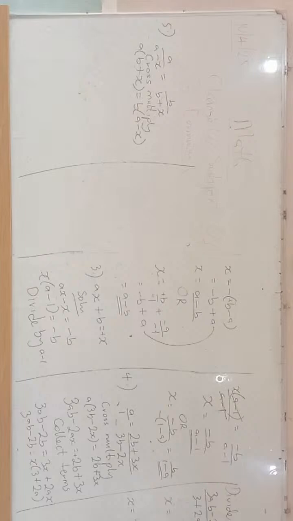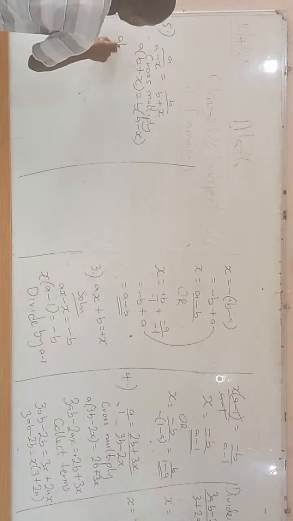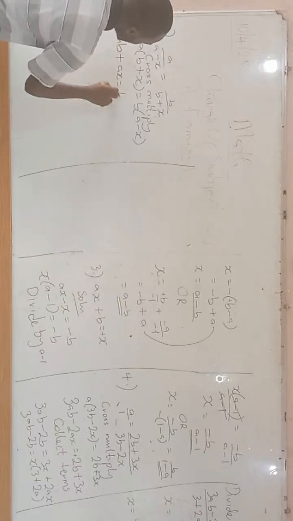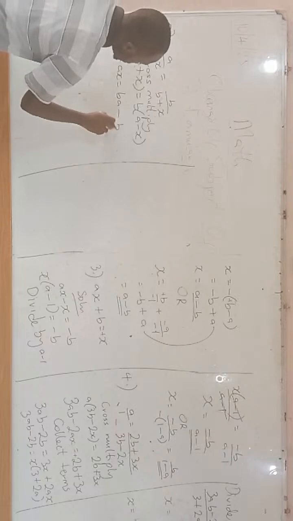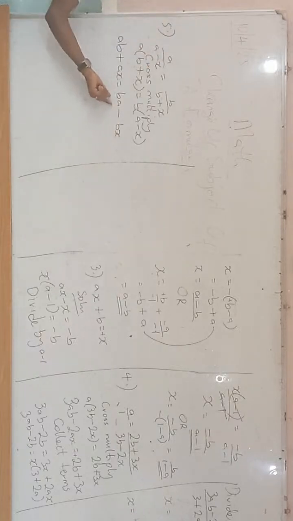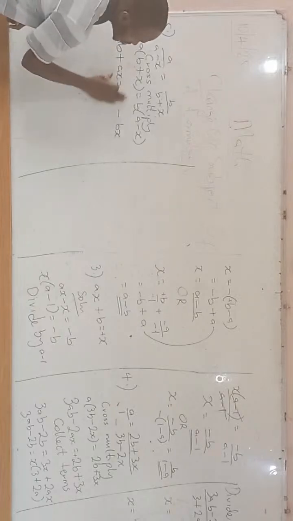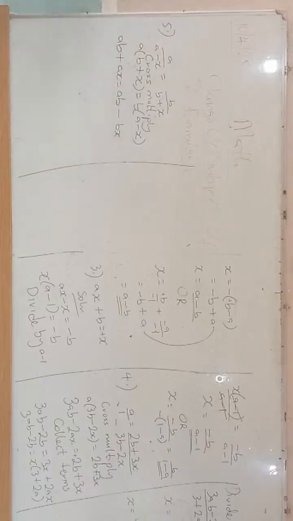I hope you've all read it. By cross multiply, right? What would you want to do next? Good. Open the bracket. So you have ab plus ax equals ba minus bx. Now remember, what did I say? ba is the same as ab, alphabetically, right?